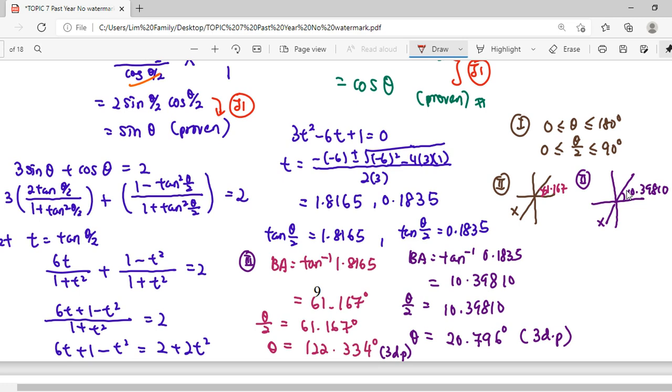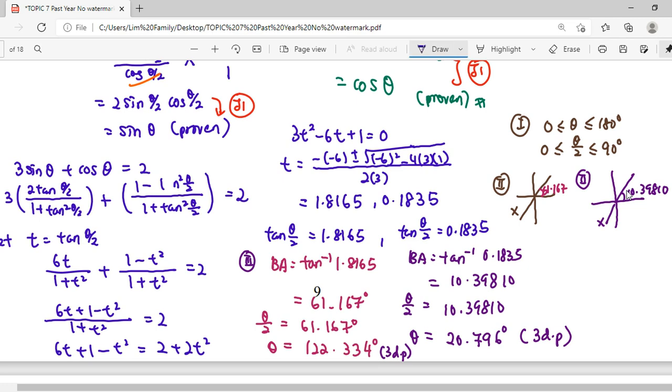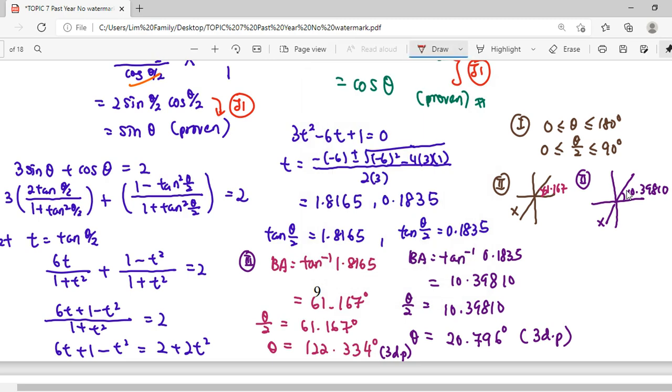So from here, substitute. You see the important step here: substituting the equation from part 1 will give us 1 mark. And then we managed to get to the quadratic. Actually, when we want to change this term to all in tangent here, we can get to the quadratic.